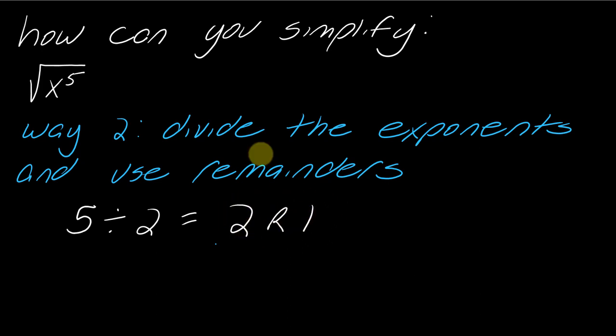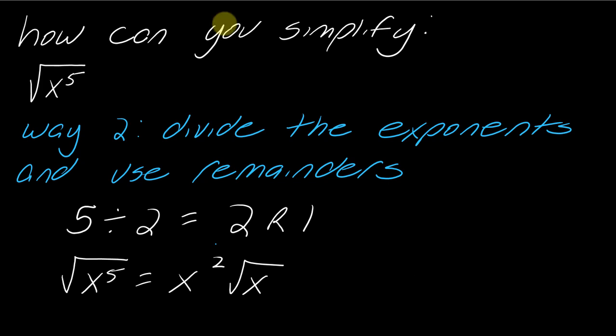Using this knowledge of division, I can apply this to the square root of x to the 5th and rewrite this as x squared times the square root of x, where this 2 is the exponent on the outside and this remainder of 1, an invisible 1 here, is what goes here.